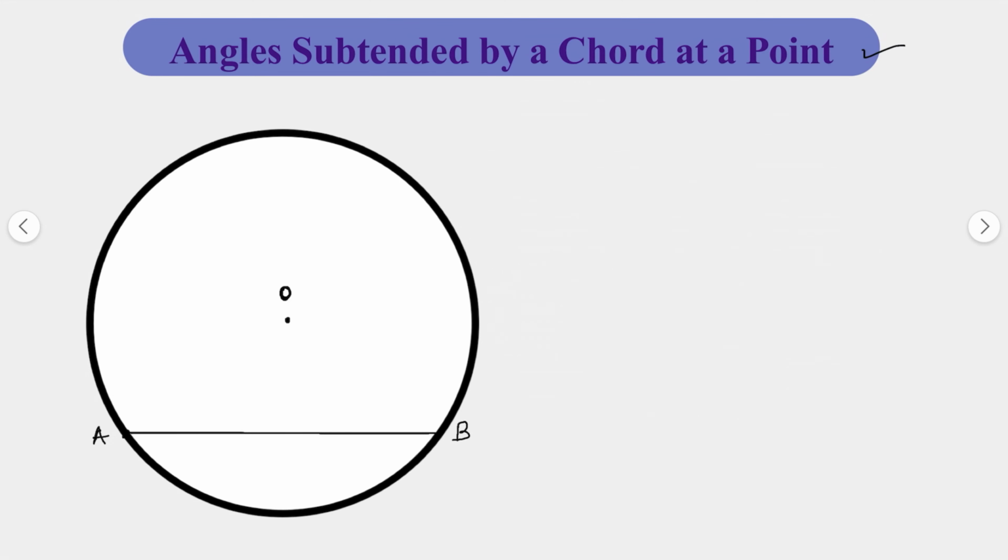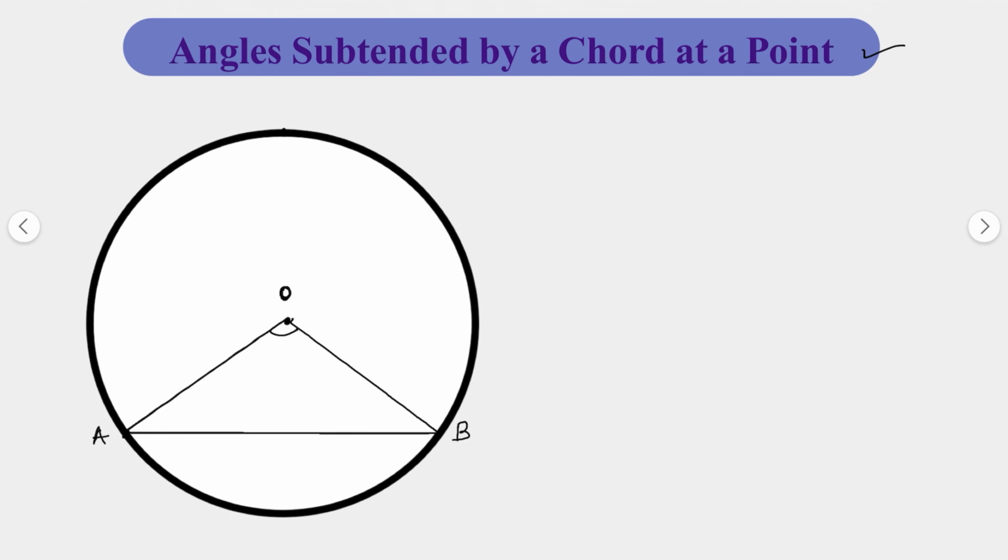Once we draw a chord in a circle, that chord can make 3 types of angle. One is the angle we get if we join the end points of the chord to the center. We get an angle AOB, which is at the center and is made by the chord AB.